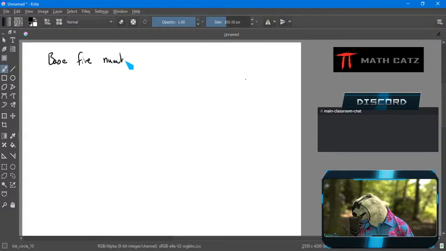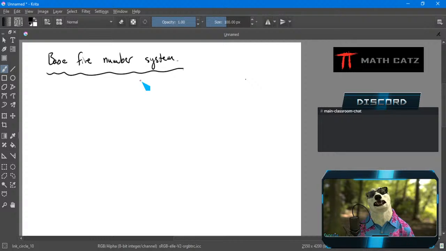So, the base 5 number system. Really, all we're doing here is not reinventing what we did on Thursday. It's still exactly the same as the one-hand system.